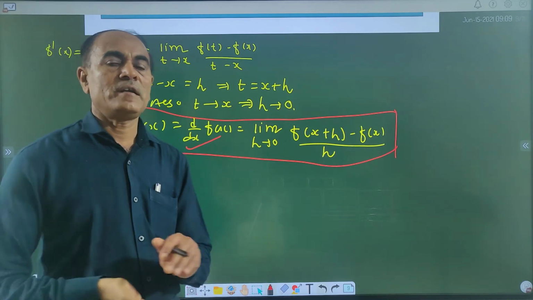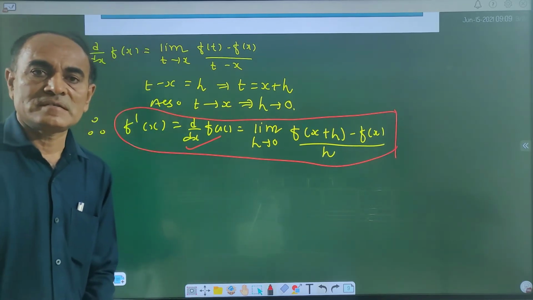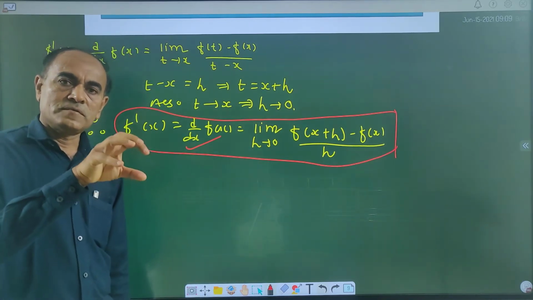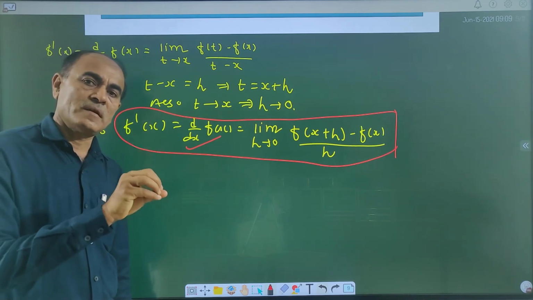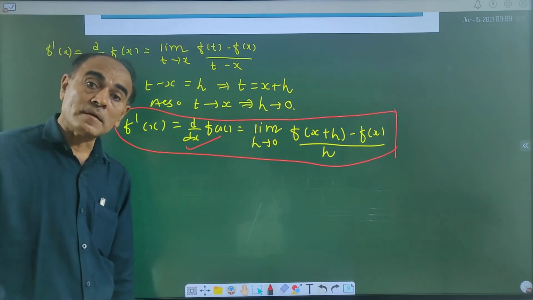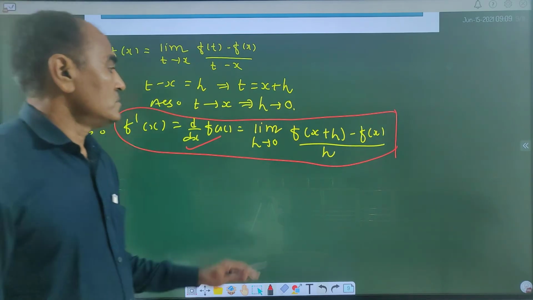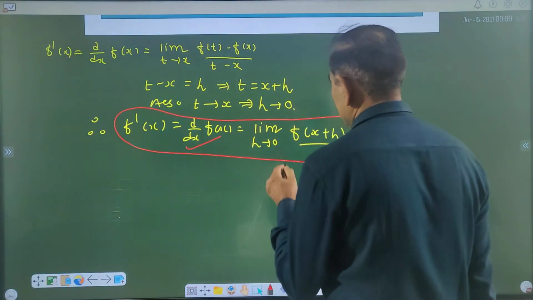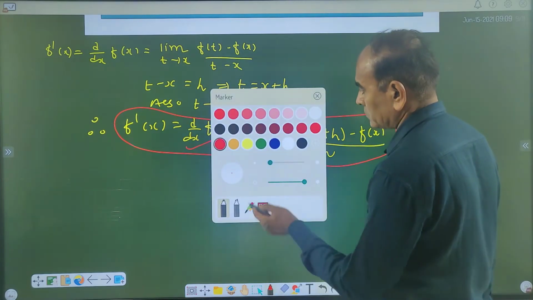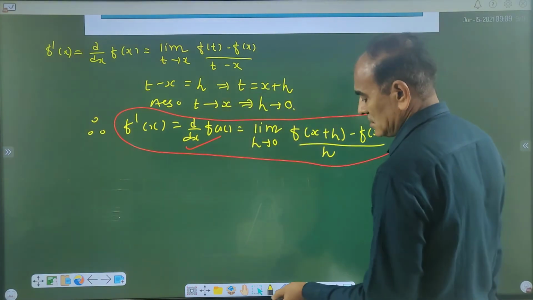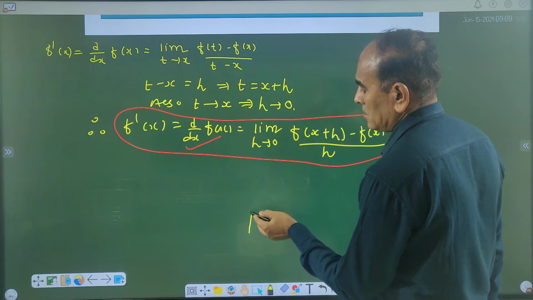Differentiation means a process to find the derivative of a given function with respect to a given variable. Okay? Yes. Using this standard form, using this formula, we can see the standard forms of differentiation.